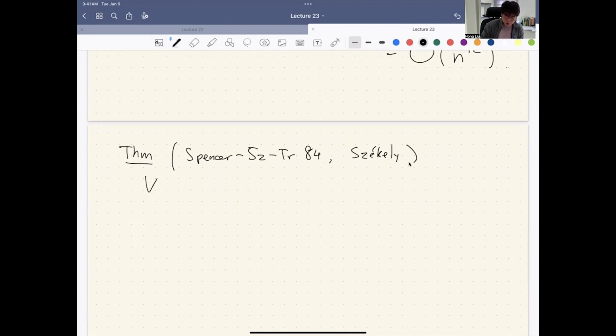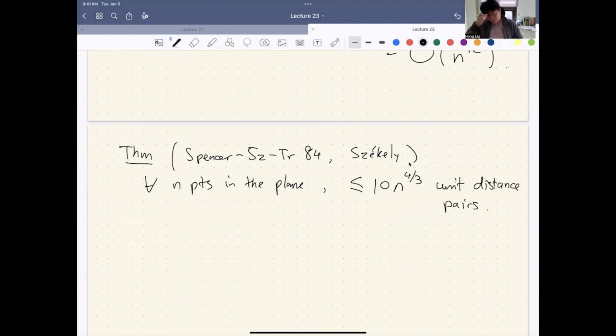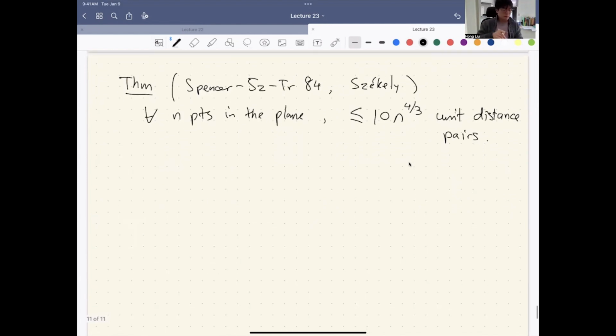For any n points in the plane, there are at most 10 n to the 4/3 unit distance pairs. Okay. How do we prove that?